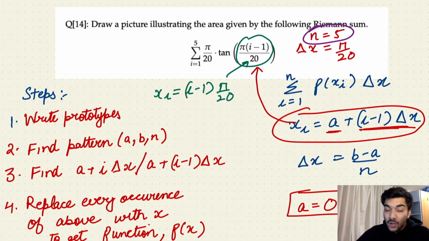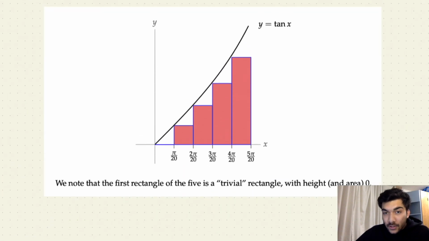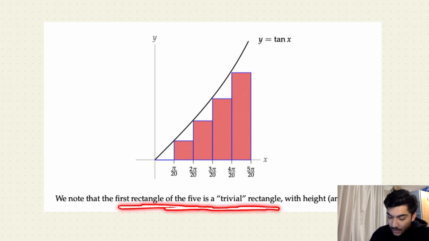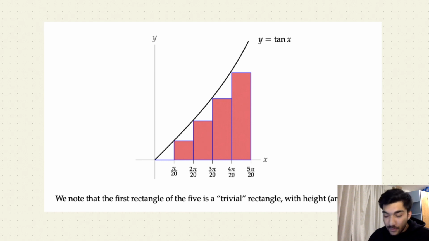Since I have all the information, it's easier for me to sketch the curve, which would look like this. You will realize one more thing, that there are indeed 5 rectangles in this case because n is equal to 5, but the first rectangle of the 5 is a trivial rectangle with height and area equal to 0.